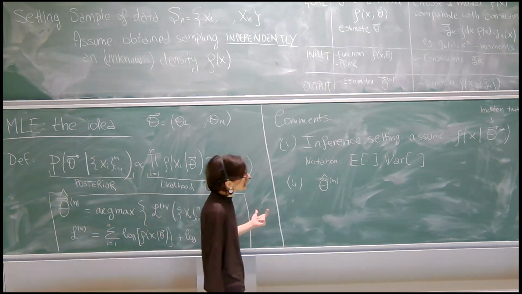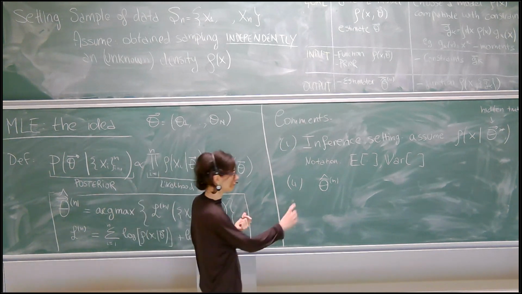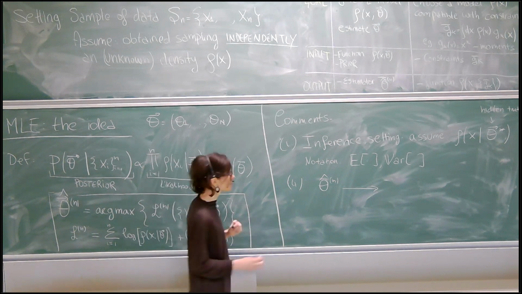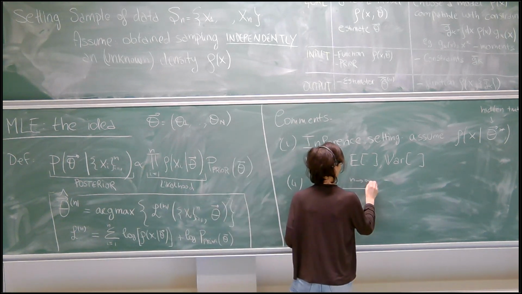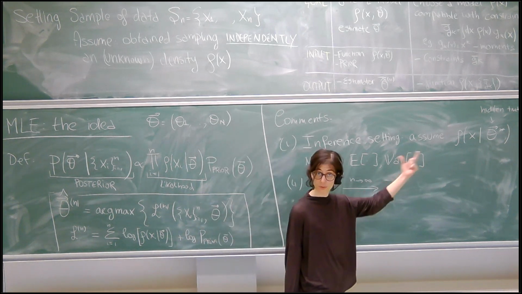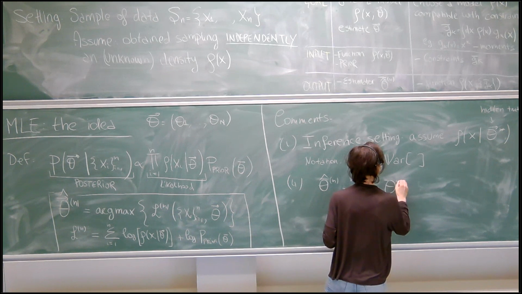And what you can show is that this number, or this estimator, is consistent in the sense that if you take your sample to be of infinite size, so if you take small n going to infinity, this will converge to the true value of the distribution from which you are sampling the data.